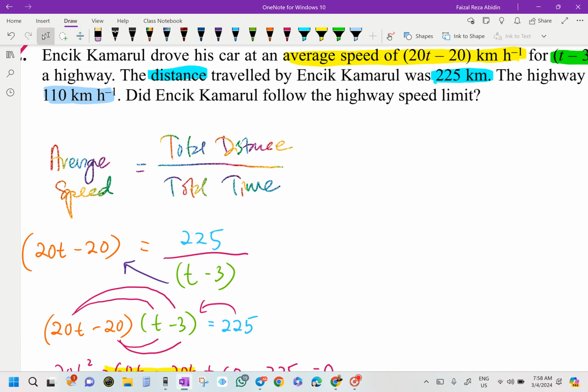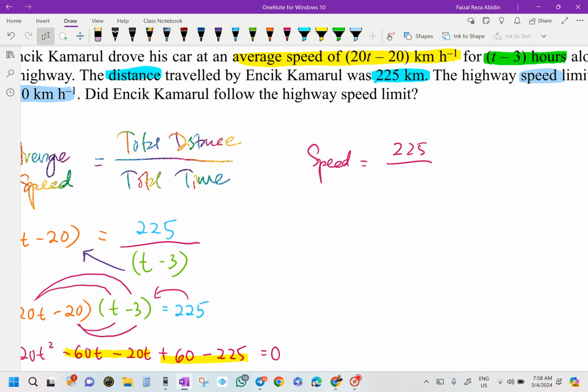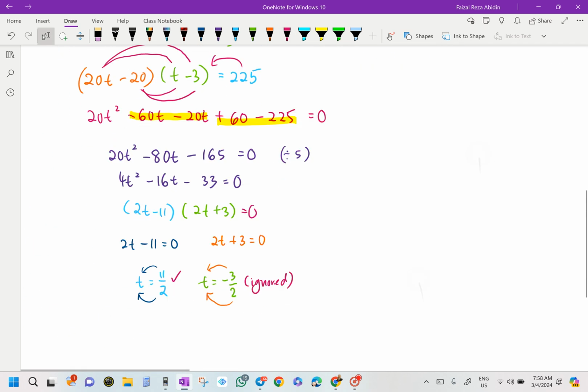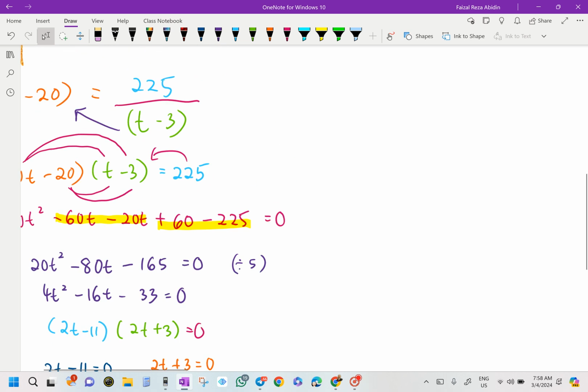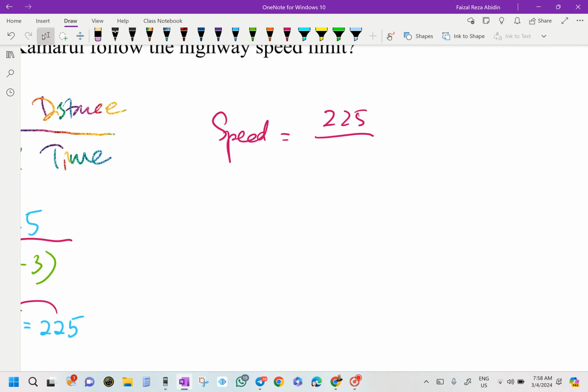Speed equals distance over time. So to find our speed, distance 225 over time. Now if you look, minus 3 there, right? So we have 11/2 minus 3. You are going to get 5/2.